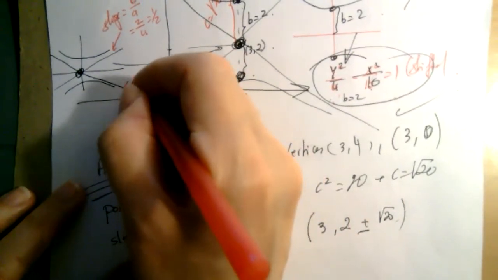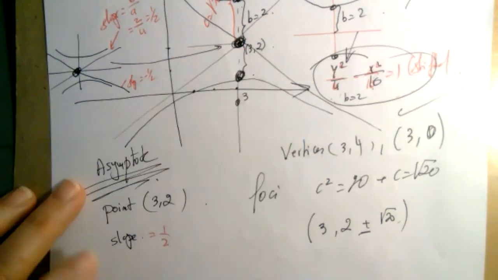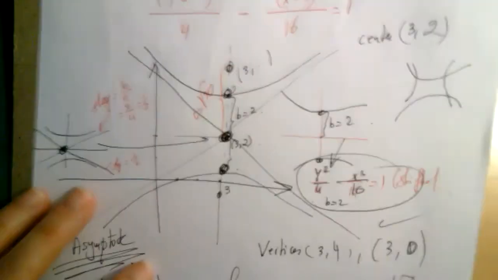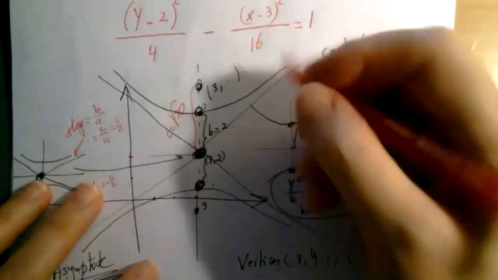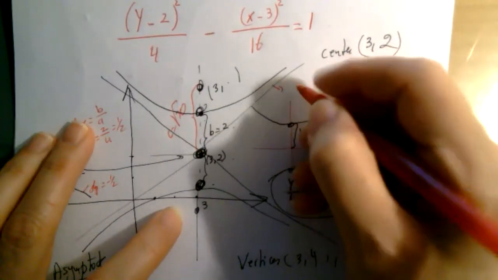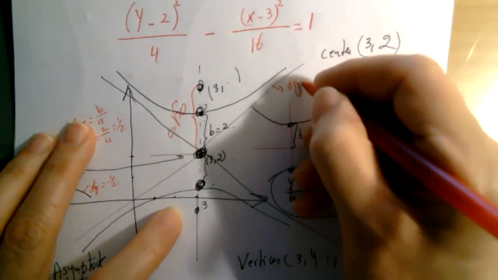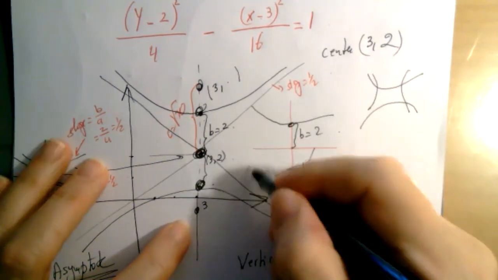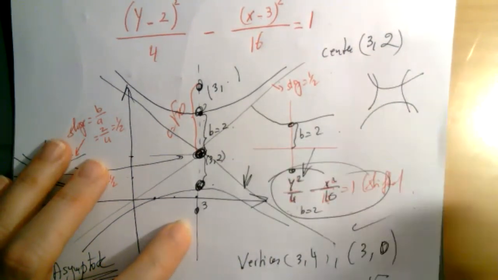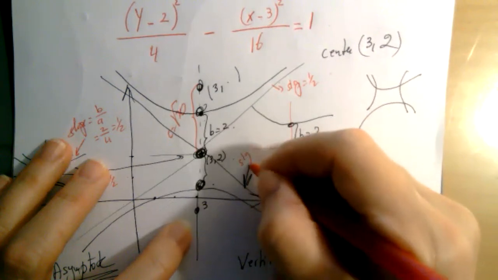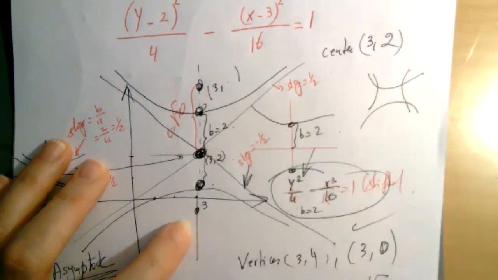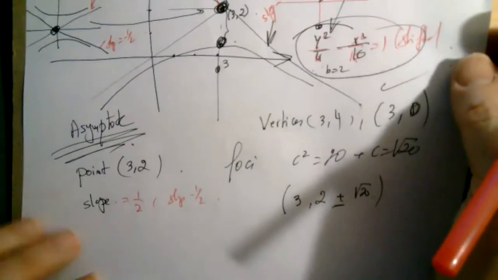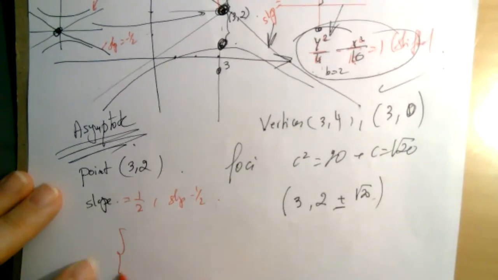This slope here is -1/2. So we have two asymptotes. This one, the slope is 1/2. This one down here, the slope is -1/2. So now the equation becomes simple. We'll have two equations.